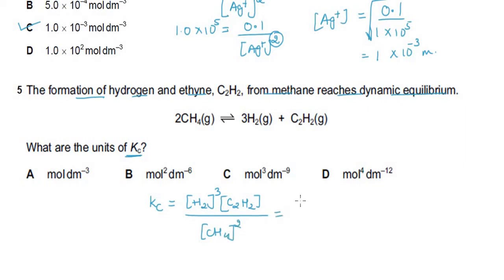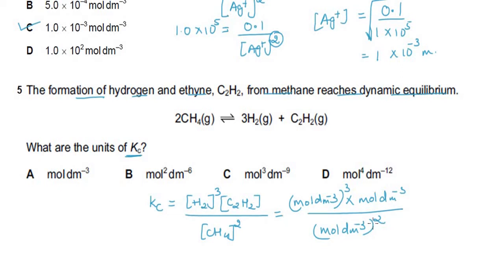So if we work out the unit, we should have moles per dm cube to the power of 3, again moles per dm cube for ethane and moles per dm cube to the power of 2 for methane.